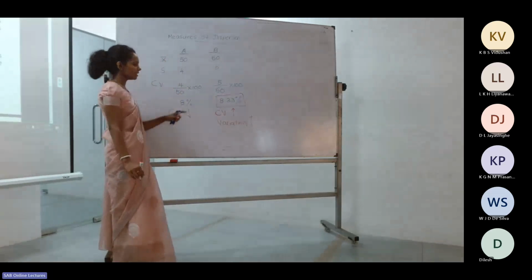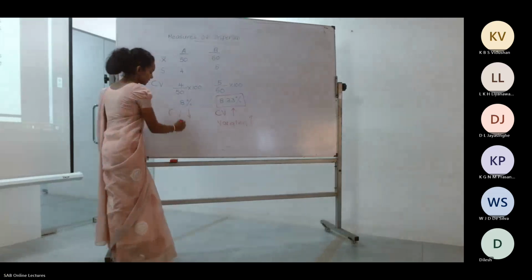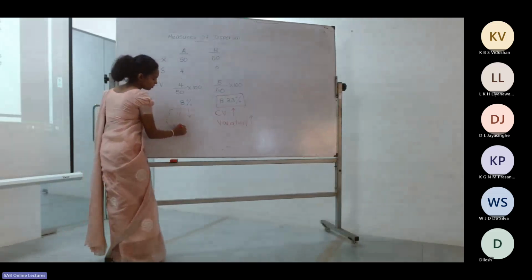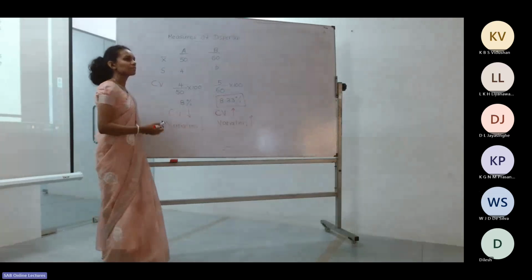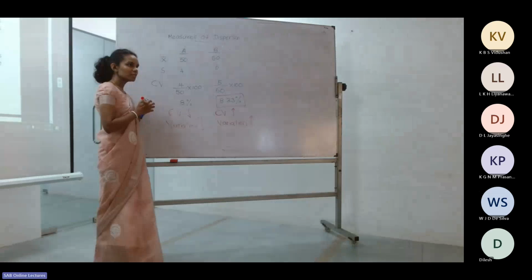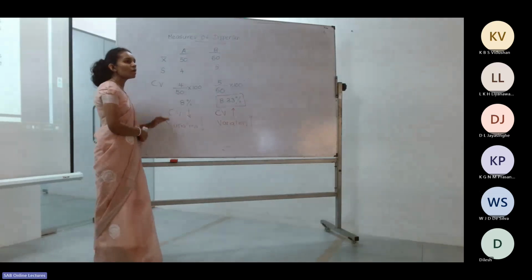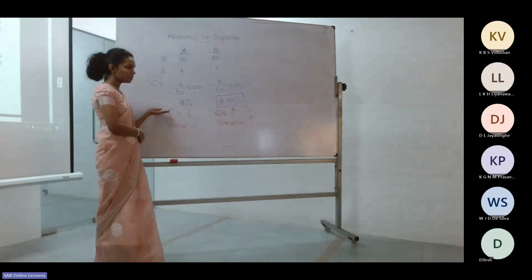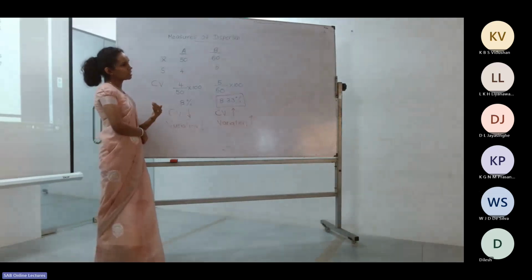If the CV value is less, it means the variation is less. The CV value and the variation have a positive relationship. CV value high, variation high; CV value less, variation less.